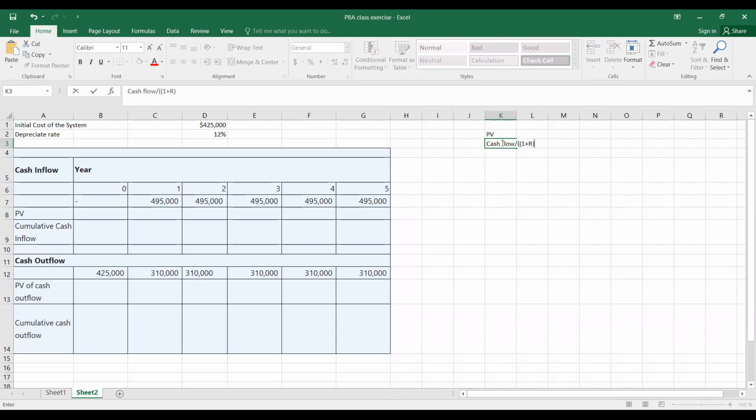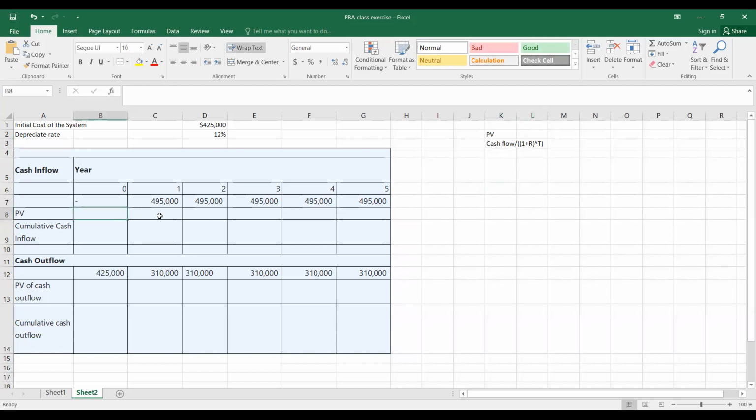Plus R is the rate, and then to the power of T, and then close the bracket. Now, do notice this. 1 plus R is a separate calculation of its own, and then the value that you get here to the power of time, T is time, is another separate calculation of its own. So to make things easier and accurate, we're using double open brackets, and then we're closing it twice.